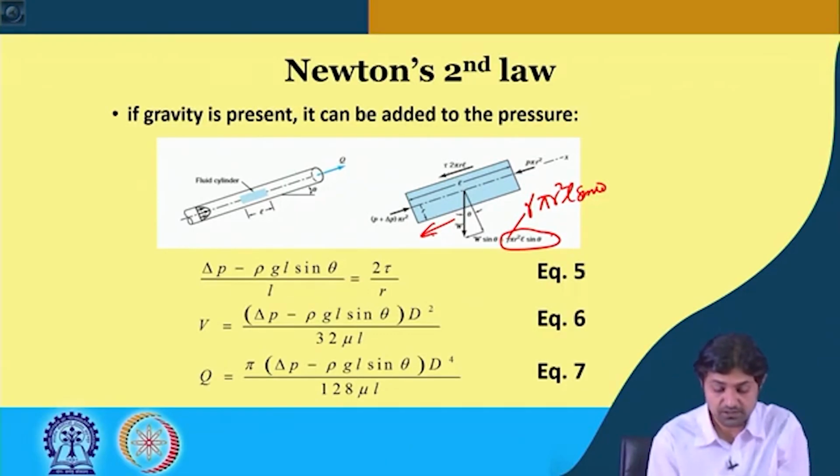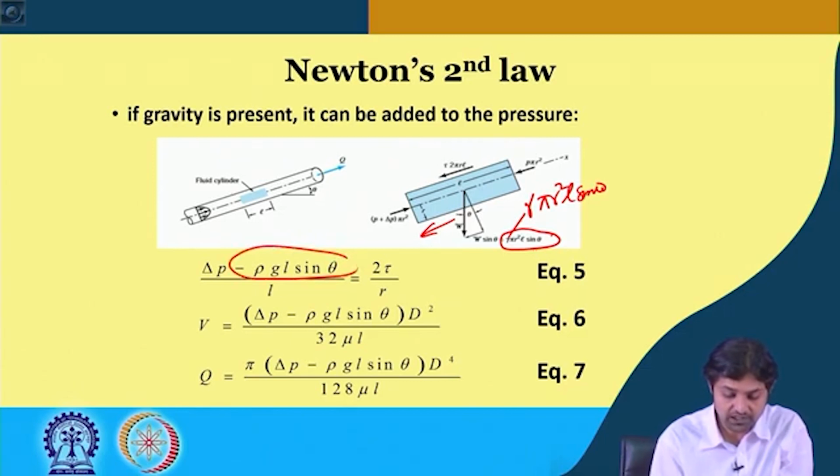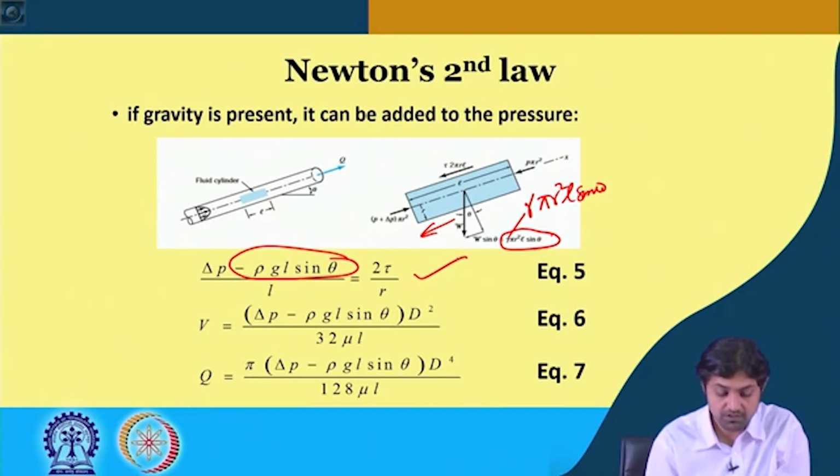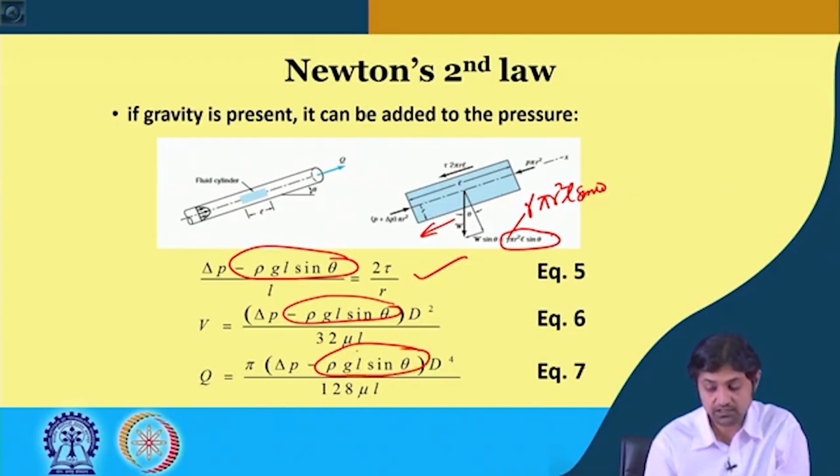What happens is, instead of delta p we are going to get components like minus rho g L sin theta in equation number 1 when we calculate the velocity, and the Poiseuille's law will change with minus rho g L sin theta.